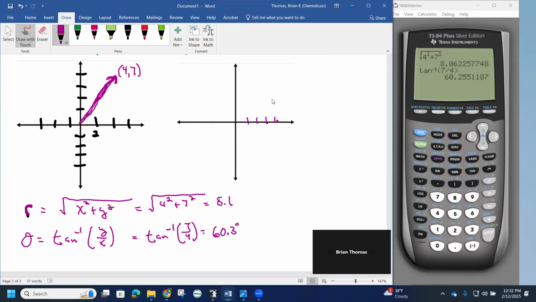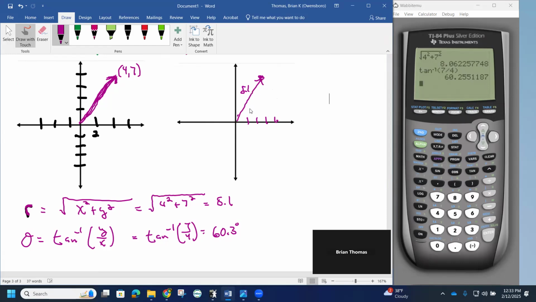But if I rotate that on a circle, on a radius, if you will, 60.3 degrees, that would give me the position of my head. Notice you're almost like using a compass to draw a circle, but we're not drawing the full circle. So 8.1 is about here, but if you had a compass, you'd be rotating that out to about here. So the length of this is 8.1. That's like the radius or the magnitude of the vector.